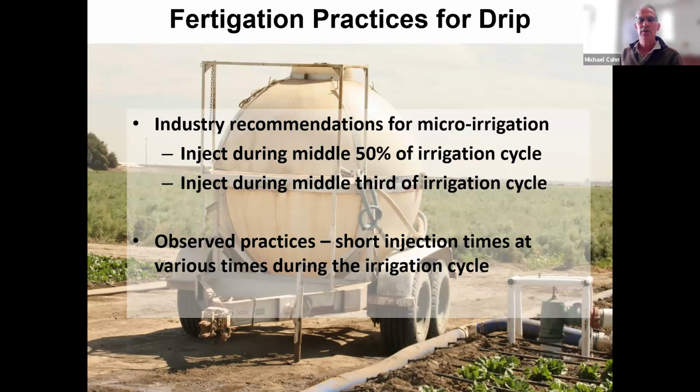What we observed over the years are all sorts of practices that growers do. Usually it's short injection times at various different times during the irrigation cycle. So we don't really see adherence to the industry standards.